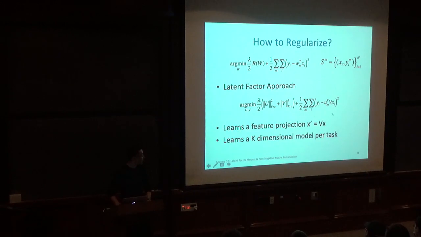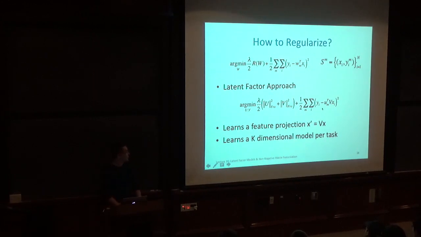We have our xi, and we multiply xi by V, and V is low rank, so Vxi is lower dimensional than xi. Then we learn a low dimensional ui, which is a user-specific model. Excuse me, I use m to denote users here.